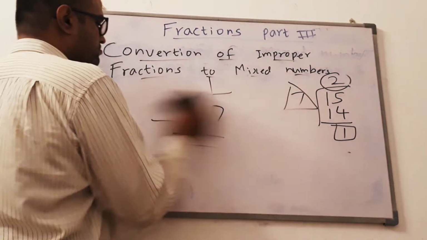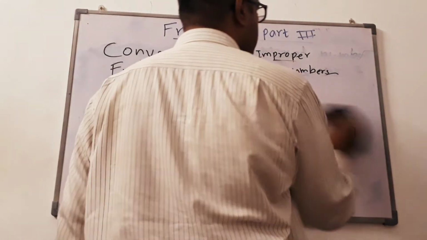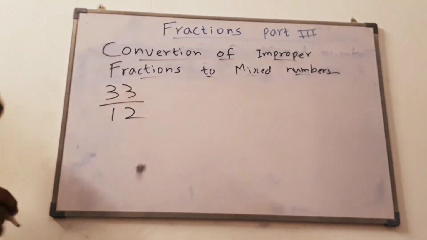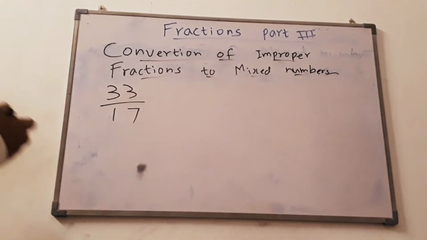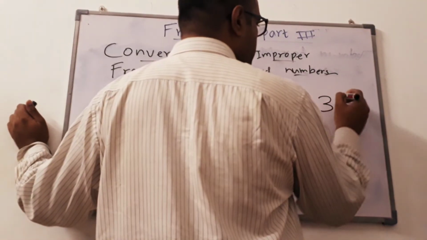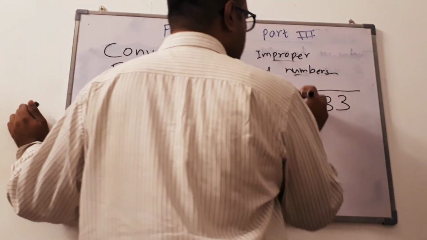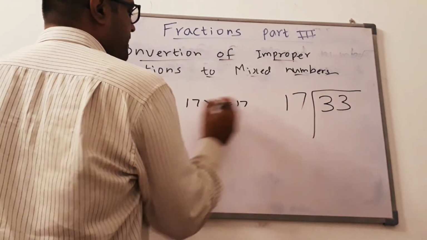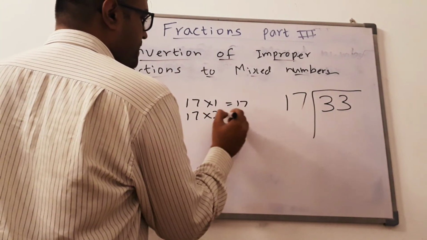Next, 33 out of 70. Okay, how can we do this? How many 70s are there in 33? 17 times 1 means 17, 17 times 2 means 34.